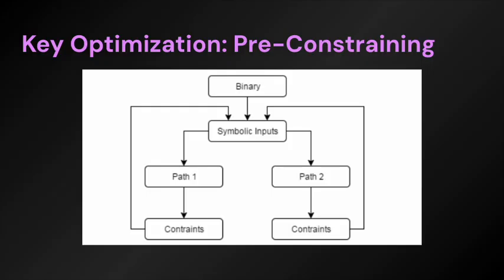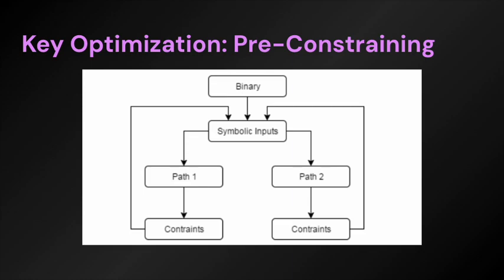One important optimization in Driller is something called pre-constraining. This helps avoid the path explosion problem in symbolic execution. When Driller runs symbolic execution, it constrains the symbolic input so that it initially follows the same execution path discovered by fuzzing. This means symbolic execution doesn't explore every possible branch. Instead, it only focuses on the path already discovered.